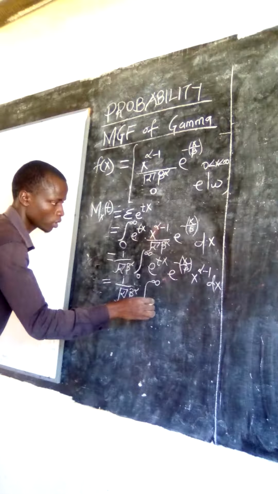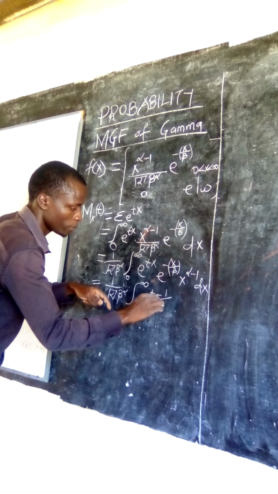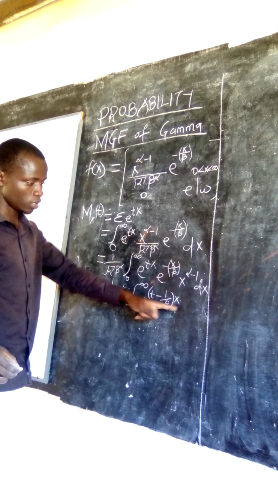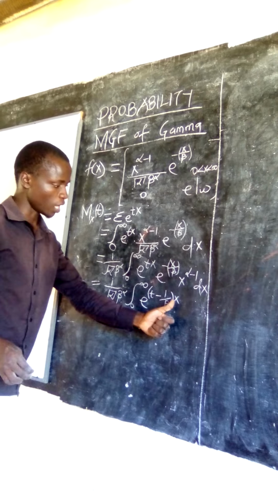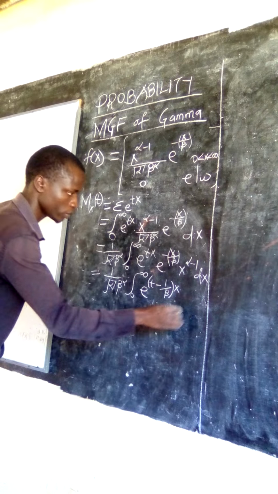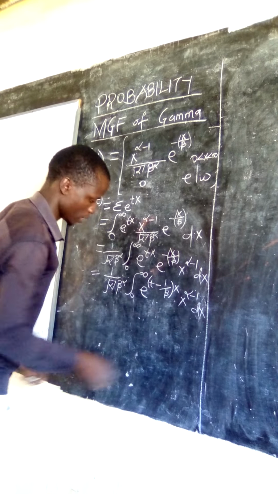When I come here, I need to come up with one exponential, and therefore x and x are the same power. Therefore I can write the result in a manner that I use x outside the bracket, in that I have t minus 1 over beta, then I have x outside here. This does the same thing. After that, I write x to the alpha minus 1 dx, and I shall have just done with that concept. So that is x to the alpha minus 1 dx.